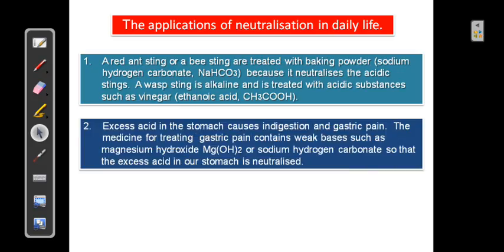Now another factor here is excess acid in the stomach causes indigestion and gastric pain. So I'm sure during this Hari Raya, many people will encounter all kinds of stomach aches. Some will be running to the toilet, some will be yelling, aching, some will be uneasy with all the indigestion.